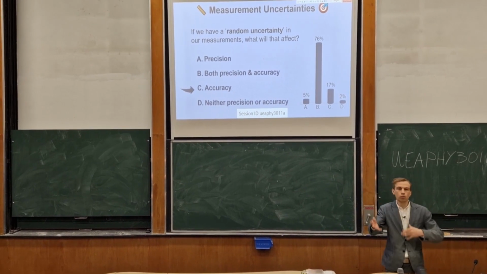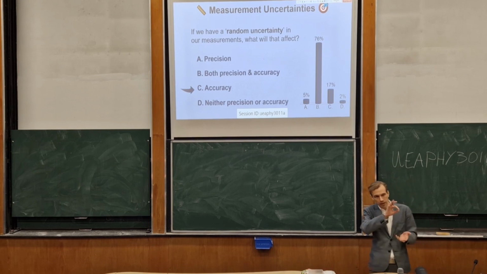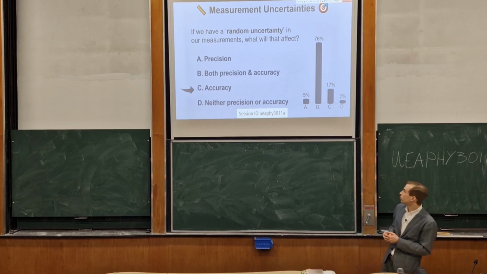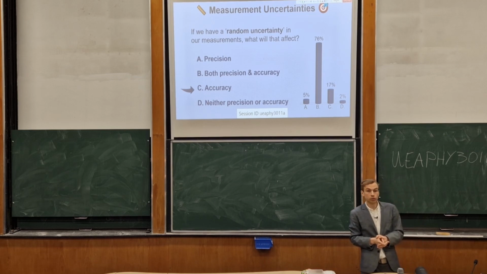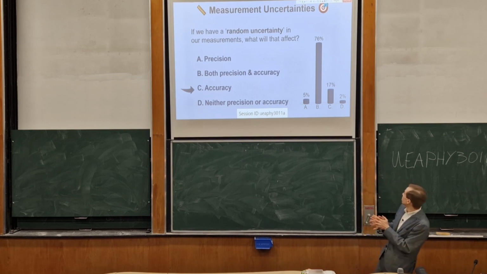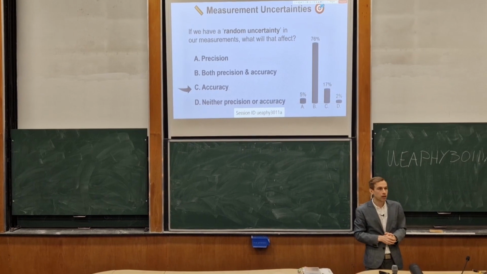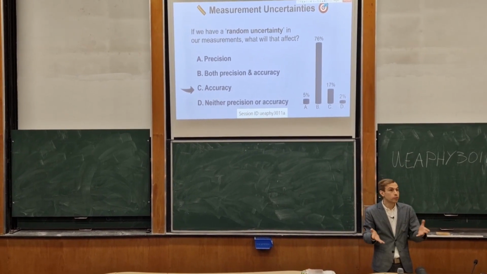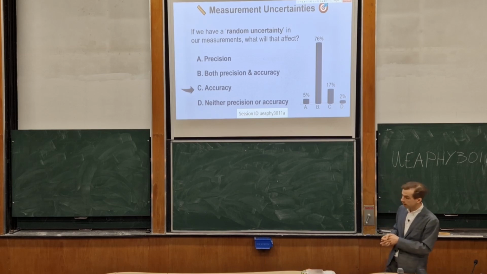It's just going to add more scatter to where those darts are landing. But it's not going to be the situation where we had all the darts together, but just shifted away from the bullseye. So random uncertainty affects accuracy there. Very well done to the people who got that one. It's a bit of a trickier one there. And like I said, very well done to everybody who gave the question a go, because that's the important thing there.